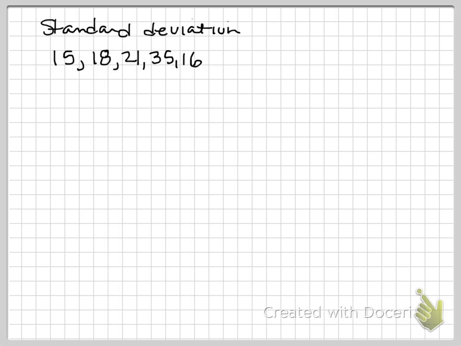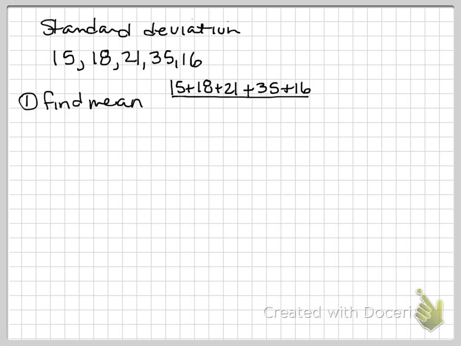To find standard deviation, the first thing we have to do is we need to find the mean. Now the mean is found by adding all our numbers together, plus 35 plus 16, all over 5.